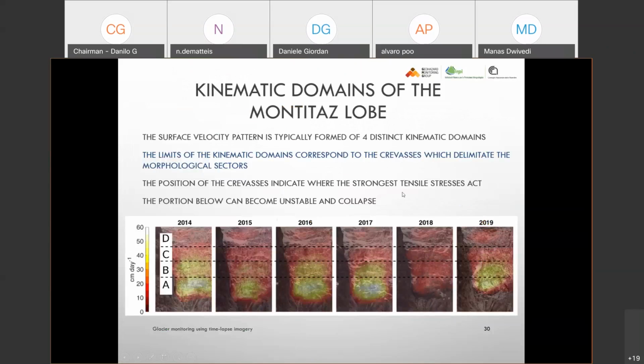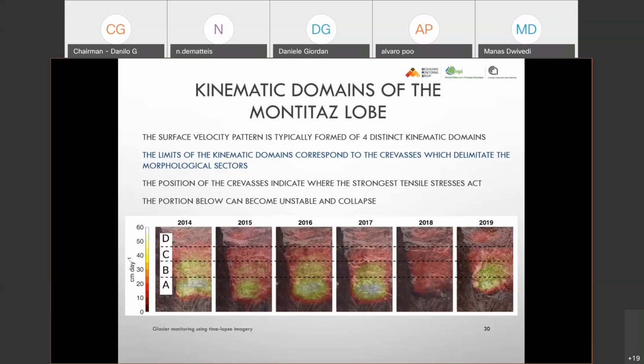Concerning the velocity of the glacier, here you can see the surface velocity map, the mean velocity between July and August since 2014. A very interesting observation is that the kinematic pattern of the surface is divided into different kinematic domains.